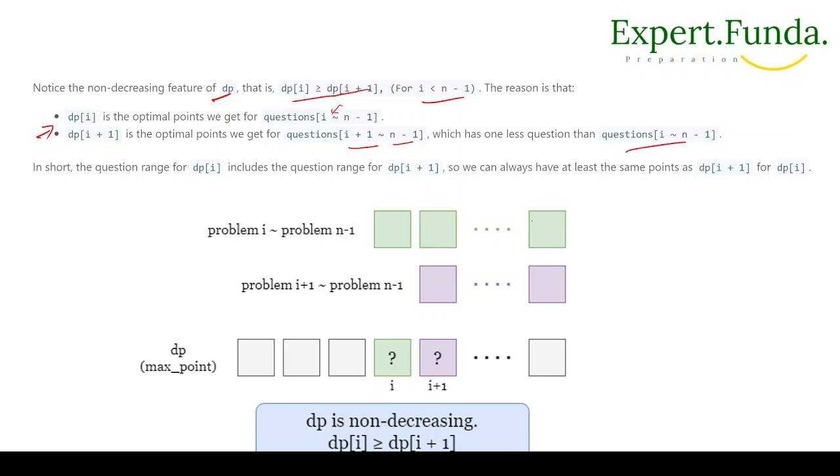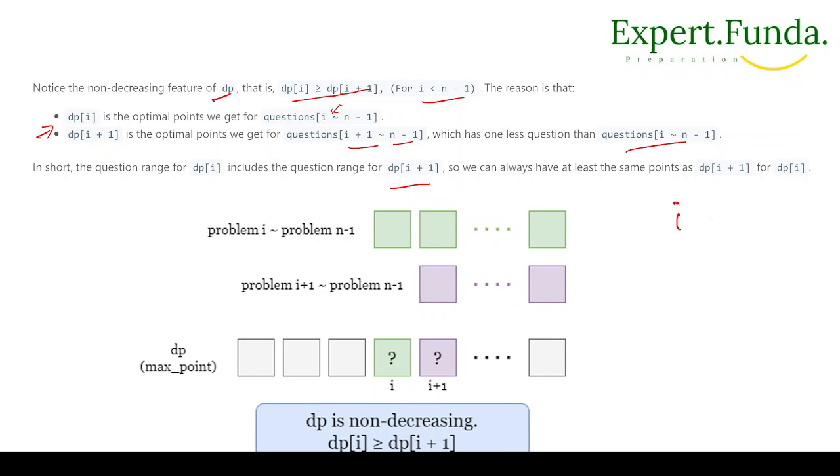So in short, dp of i includes the questions in the range of dp of i plus 1. So we can always have at least the same points of dp i plus 1 for dp of i. This is a little tricky thing, so you have to focus on understanding how it is going.